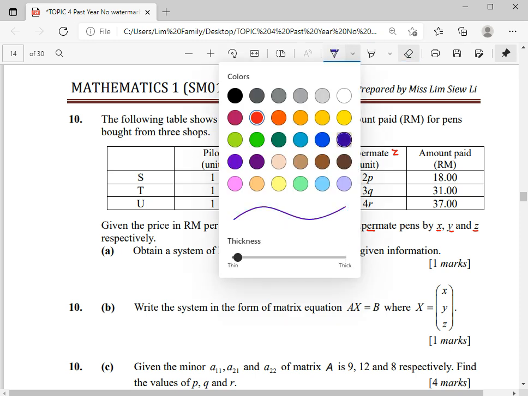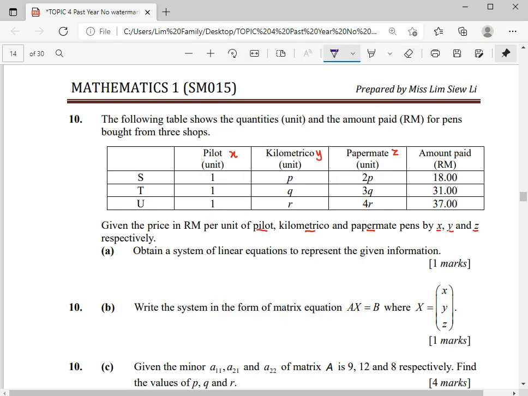So how are we going to come up with this equation? X will be the price for this pen. This one buys 1 unit, so you get 1X plus PY plus 2PZ equals 18 ringgit.